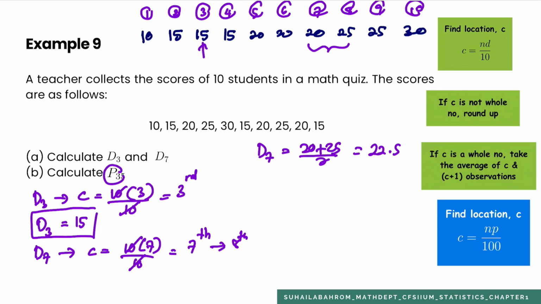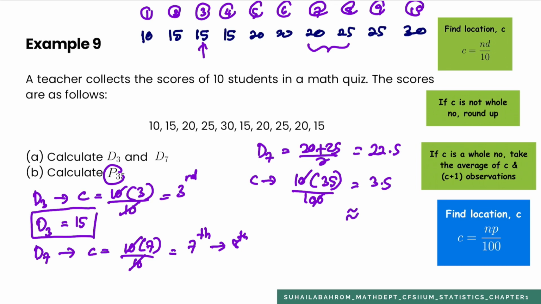And then we want to calculate percentile 35. For percentile 35, you have to find out the location, nP, so 10 times 35 divided by 100. So you will get 3.5.